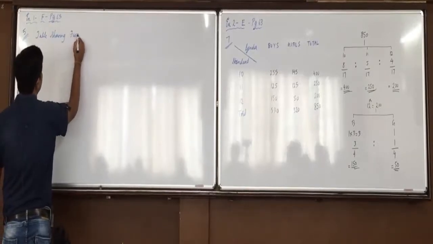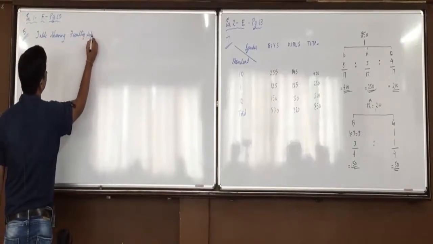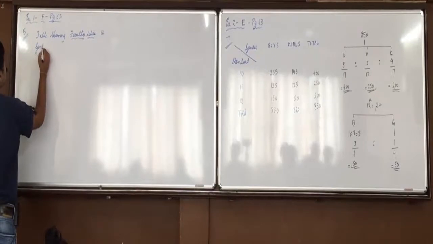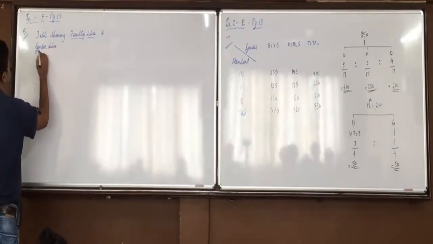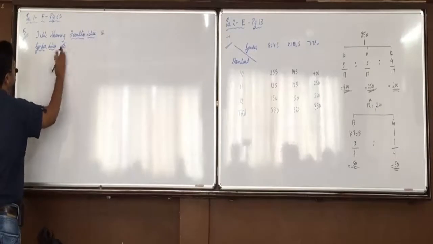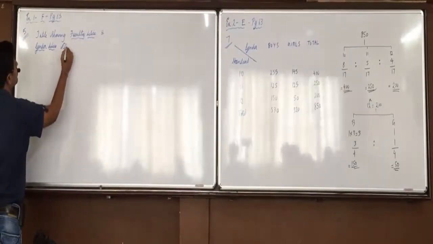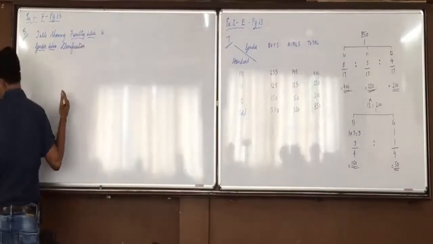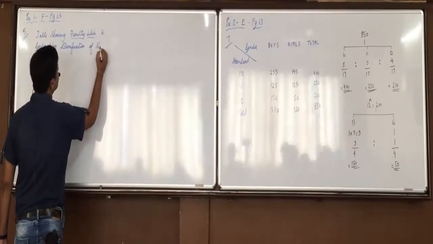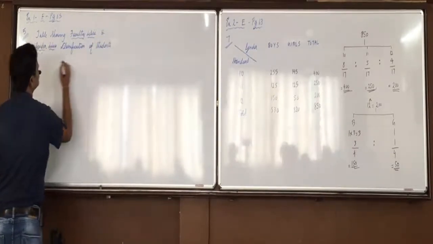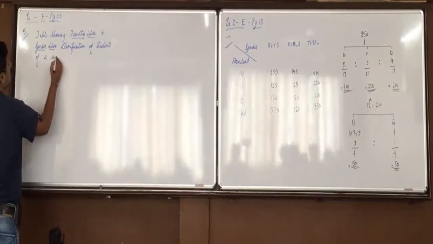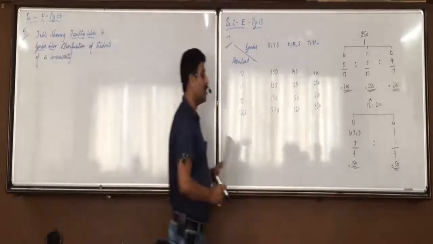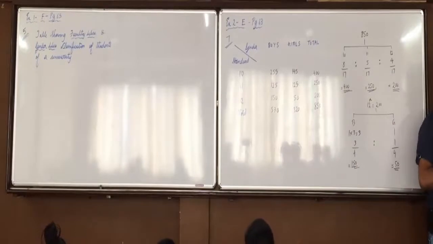So table showing faculty wise, and second attribute gender wise, classification, of students of a university. Okay, last benchers are able to read what is written on the board? Yes. Anyone having any confusion in that?